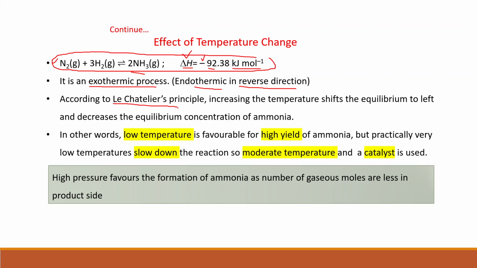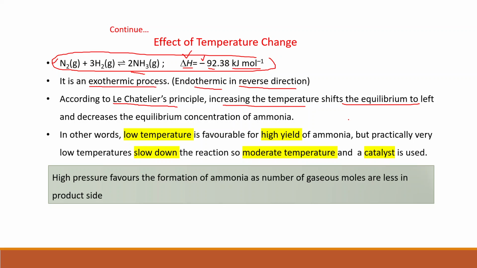According to Le Chatelier's principle, increasing the temperature shifts the equilibrium to the left. When we increase the temperature, the reaction will go in that direction where temperature is decreased. In the forward direction this is exothermic, and in the reverse direction it is endothermic.